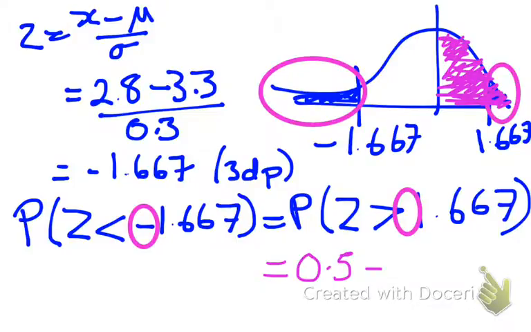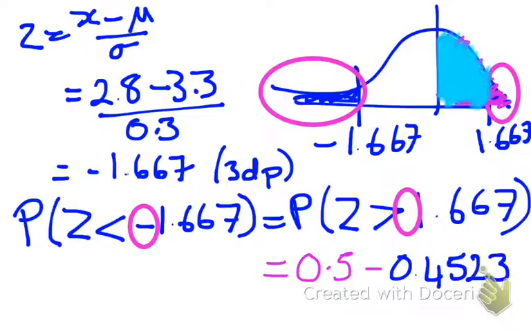When we look up our tables, we're going to find this area that I'm shading in this light blue colour. The tables tell us that that area is 0.4523. Now if I subtract that from 0.5, I get a probability of 0.0477. And that is the probability that I want to find.